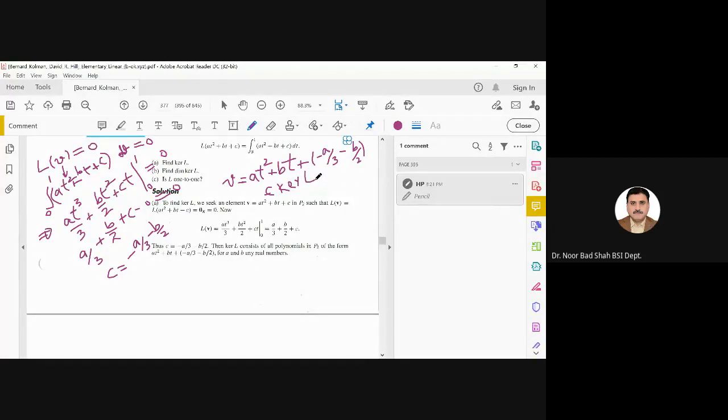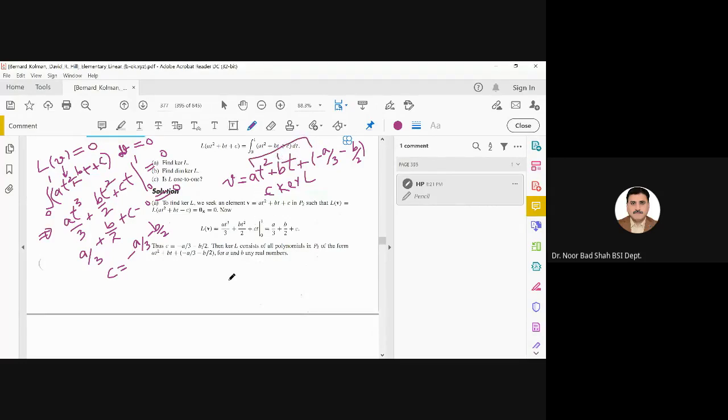Kernel of L contains those polynomials where C is equal to minus A by 3 minus B by 2. Now to find the basis of it, what do we do? If you remember, we were combining A's together and B's together.